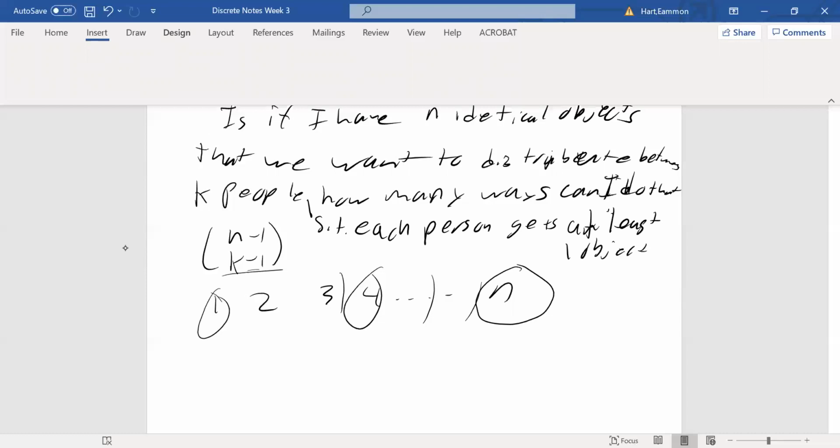So this first person has to start off at 1 and then stop at some point. The next person picks up at the next point and then keeps going. But the second to last person can't go all the way up to n. So that means that there are n minus 1 possible stopping points for k minus 1 stops. So the ways that we can distribute this are n minus 1 choose k minus 1.